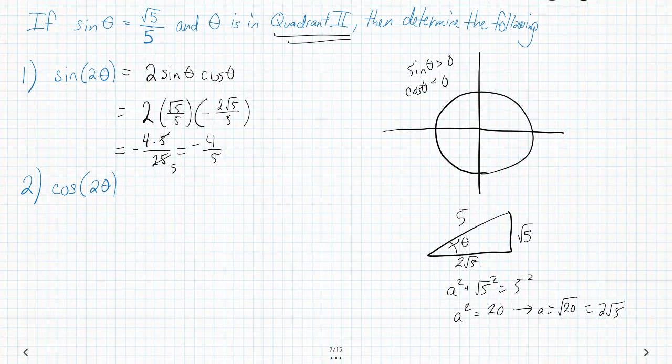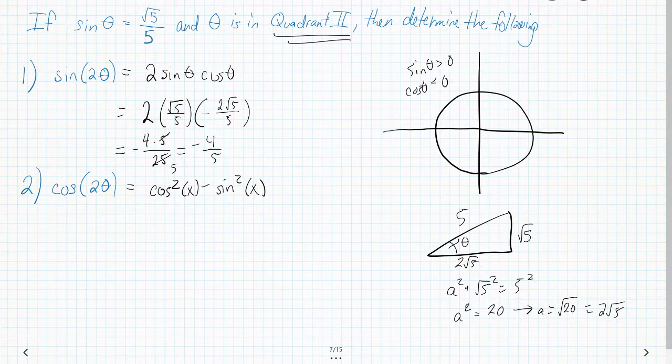Questions on that one? Seeing how that works out. And we already have the cosine and sine, and so that's going to be useful because cosine of 2 theta, the formula for that one is cosine squared x minus sine squared x. Okay.